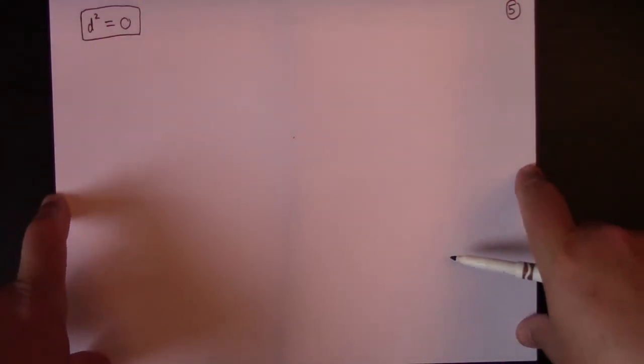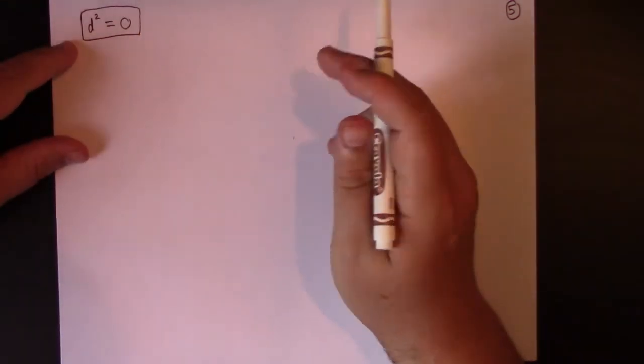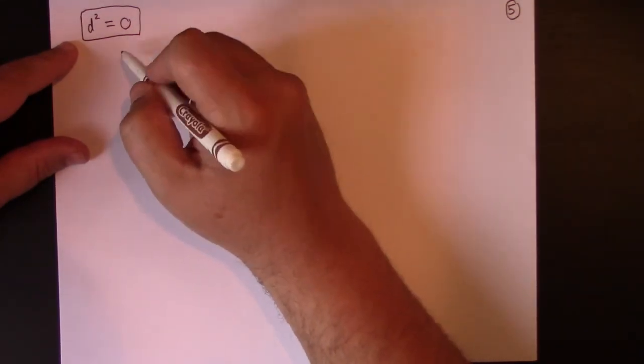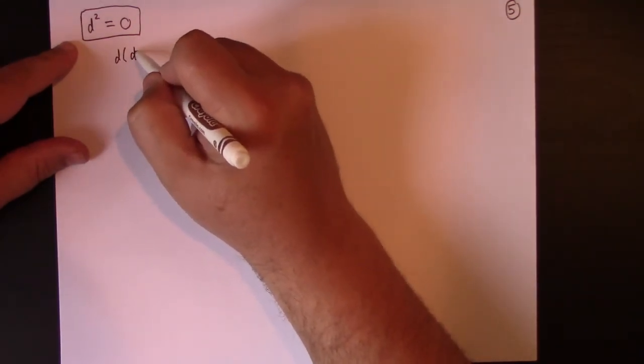All right, d squared equal to 0. So the proof of that, right? You take d of d gamma.